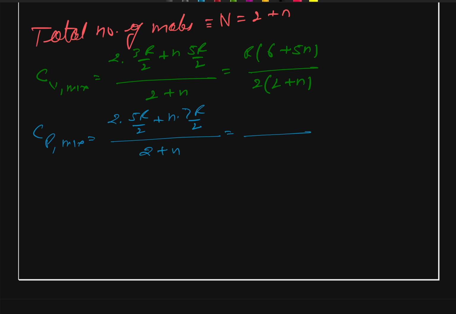And here also R we can take as common, so this will be 10 plus 7n divided by 2 multiplied by 2 plus n.